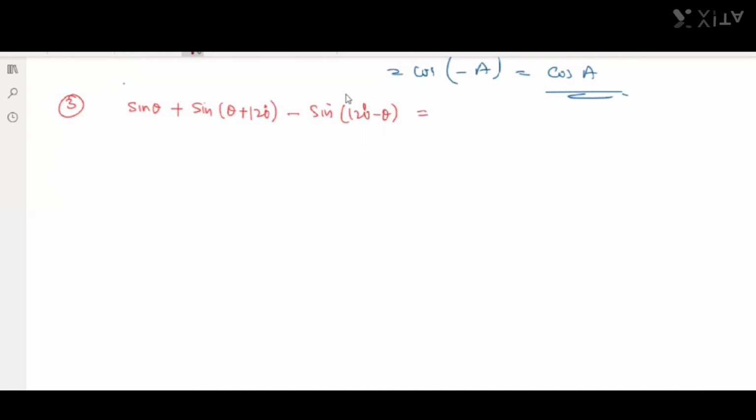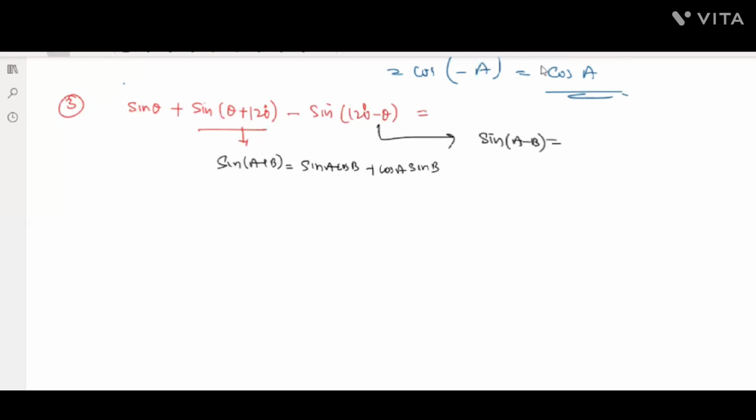Here we need to apply the sin (A plus B) formula, that is sin A cos B plus cos A sin B. Here we need to apply the sin (A minus B) formula, which is sin A cos B minus cos A sin B. So let's apply this formula for these particular terms.